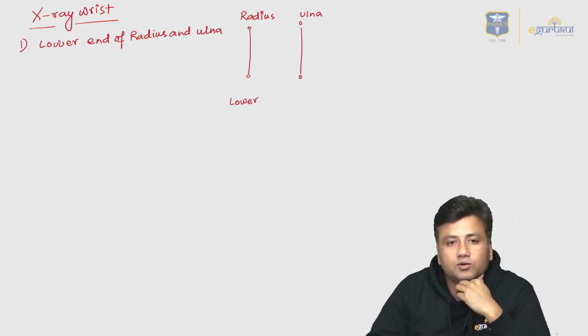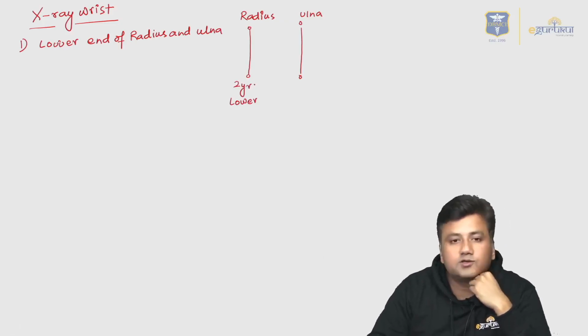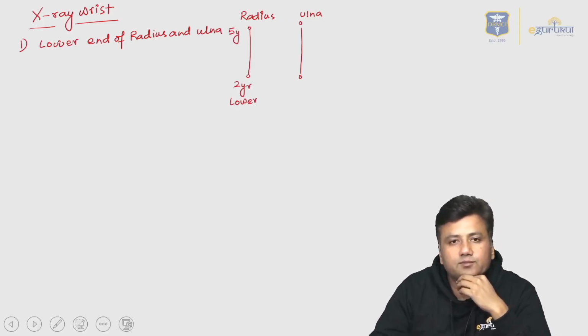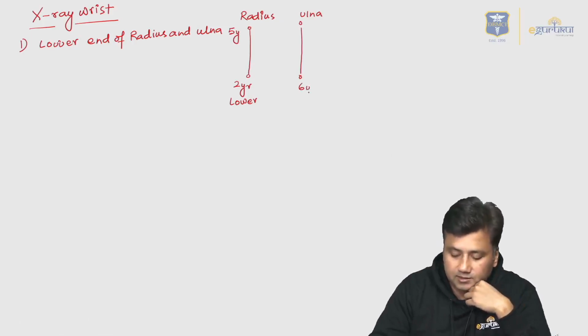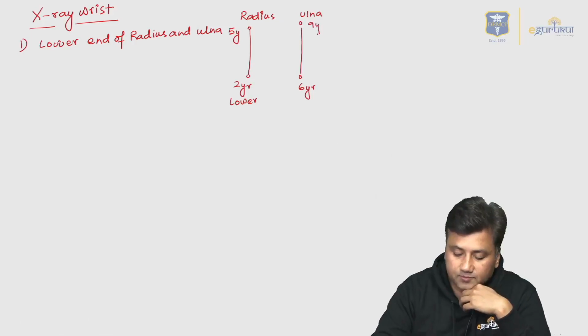So this is the lower end. The lower end of radius comes at the age of 2 years, whereas the upper end comes at 5. The lower end of ulna comes at 6 years and the upper end at 9.